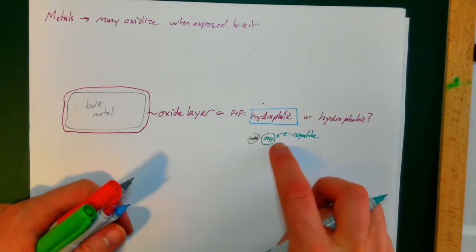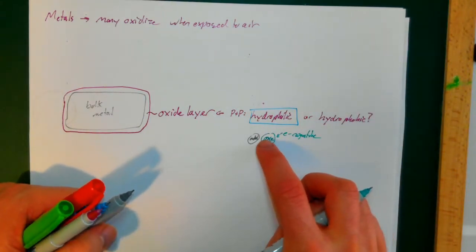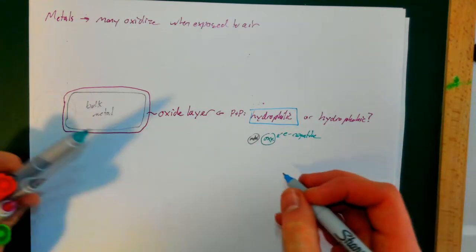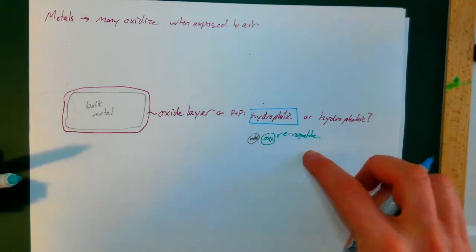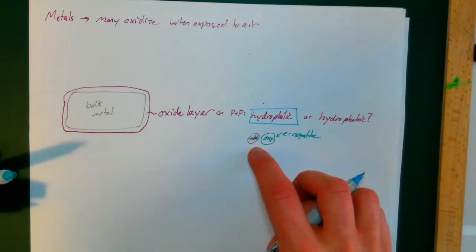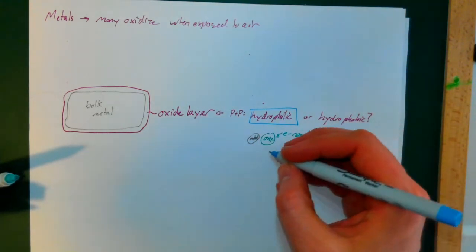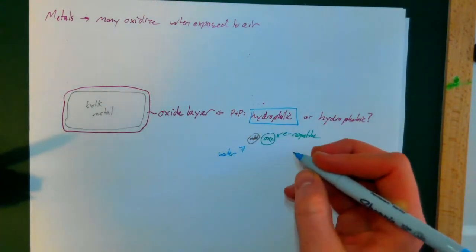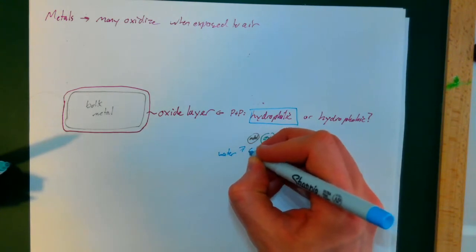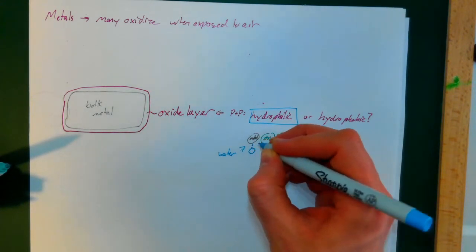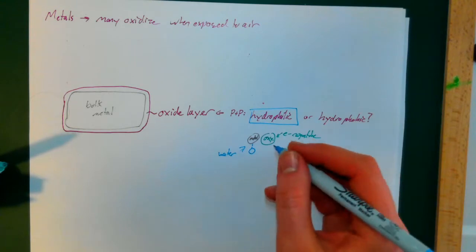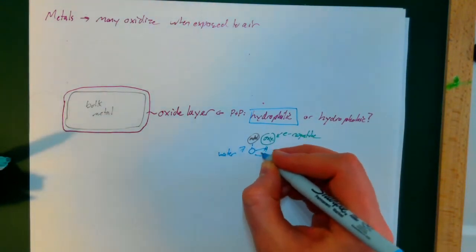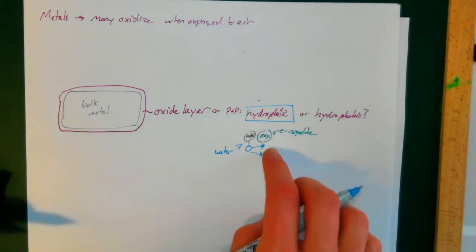That means the oxygen atoms end up negatively charged and the metal ends up positively charged, so polar water is very attracted to this. The water comes in, and the oxygen part of the water is attracted to the slightly positively charged metals, and the slightly positively charged hydrogen on the water is attracted to the electronegative oxygen.